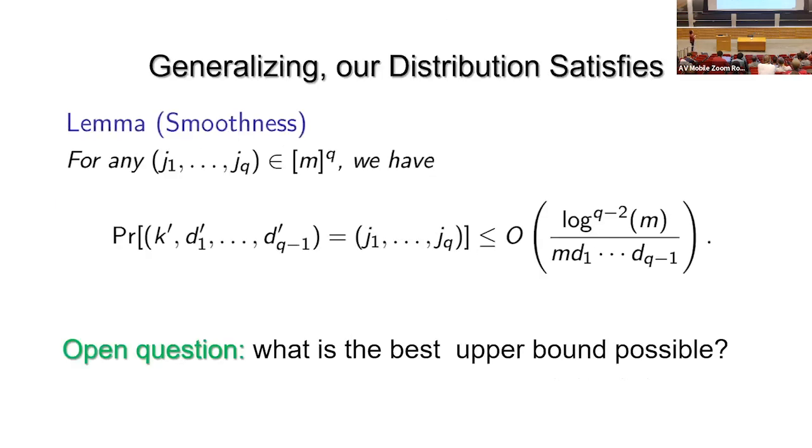For instance, the general smoothness property says that here we have q minus 1 distances between the q queries. We hit every distance with this probability. And an immediate technical conjecture is, can we improve this bound here? Can we build distributions with better upper bounds?